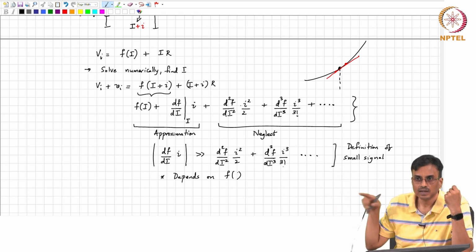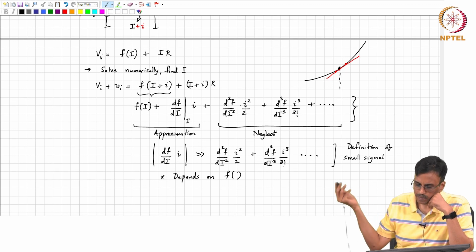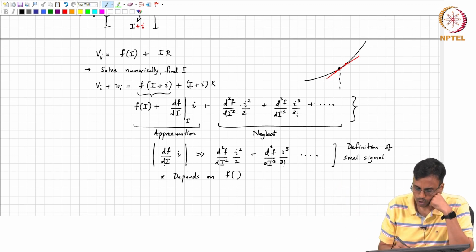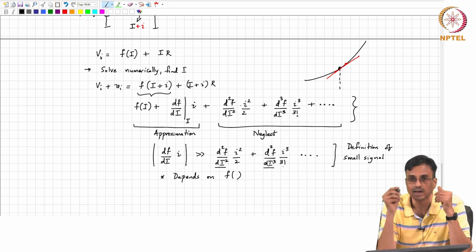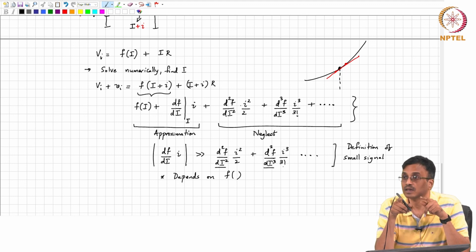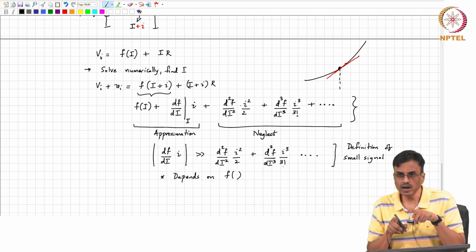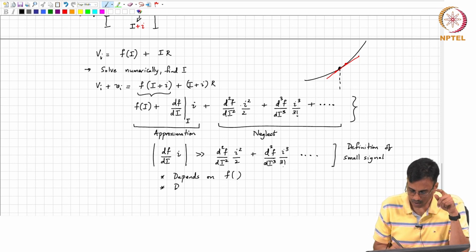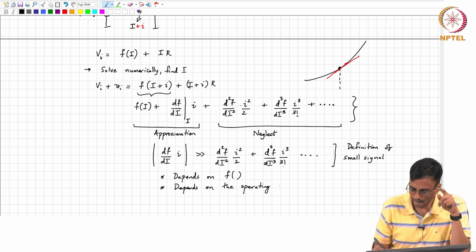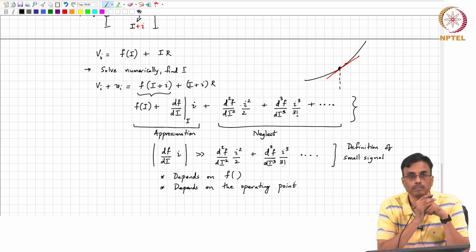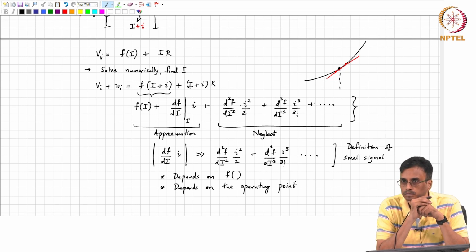Remember, we are evaluating the derivatives at the quiescent operating point, correct. So, it not only depends on the function, even for a given function it depends on the operating point. Does it make sense, folks?